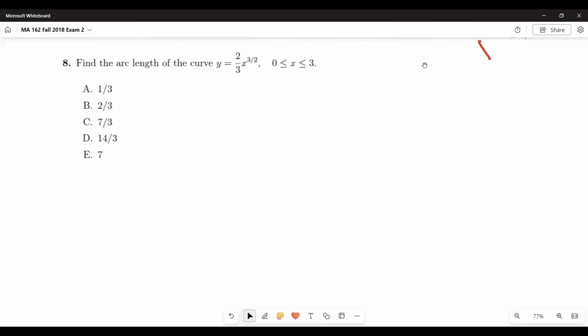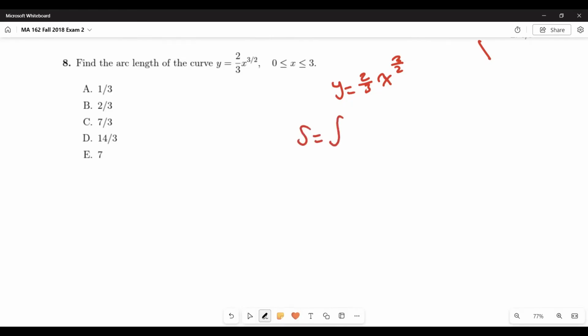Okay, so this question asks to find the arc length of the curve y equals 2 over 3 x to the 3 over 2 power. Cool. So the arc length function is an integral over the interval 0 to 3 of a square root. So I'll just write the general equation first for the arc length.